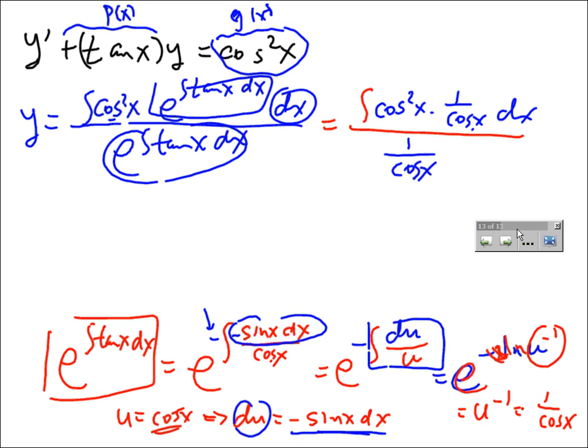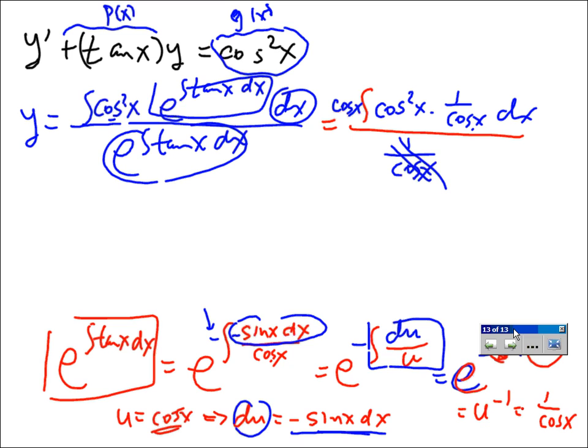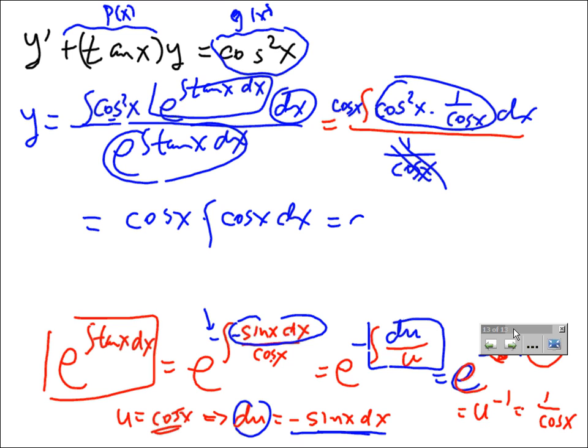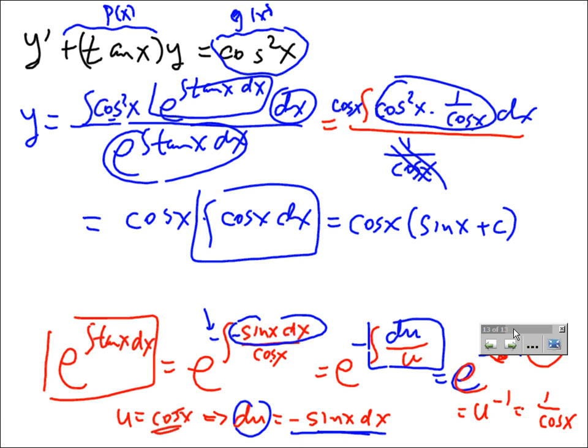Now, dividing by that fraction is the same as multiplying by the reciprocal. So we have cosine x times the integral. When you multiply those two, you just get cosine x. So it's cosine x times this integral. The integral of cosine x is sine x plus a constant. And that is what y equals.